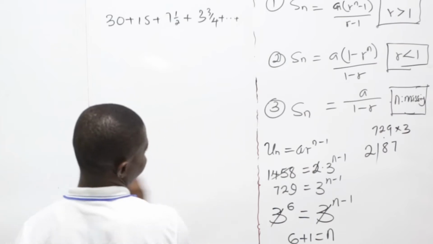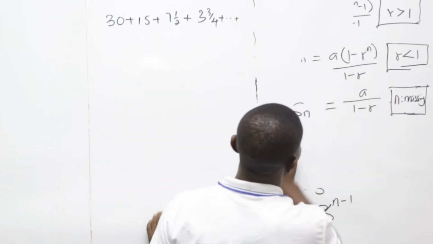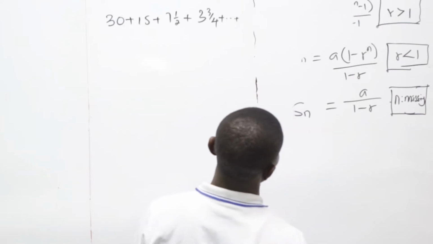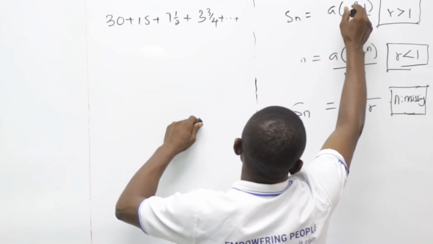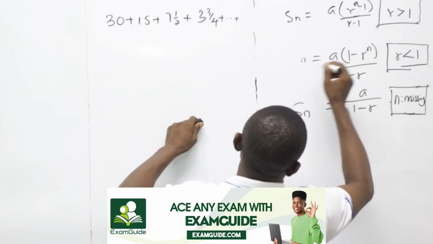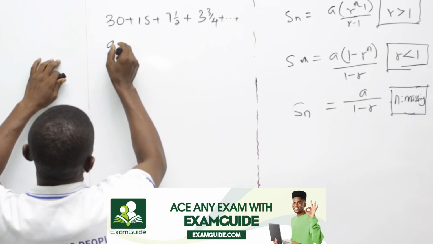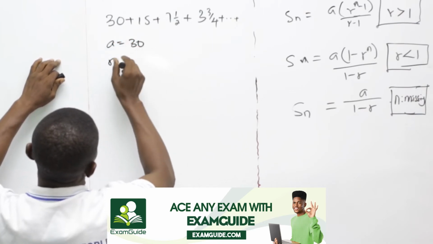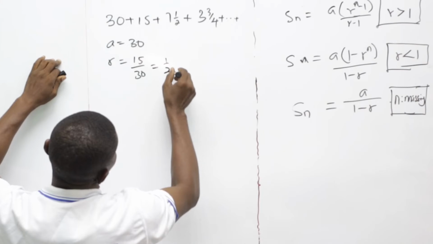So for the first term in this question, still leaving the formulas above, Sn equals a into (r power n minus 1) all over r minus 1. So a equals 30, r equals 15 all over 30, which is half.